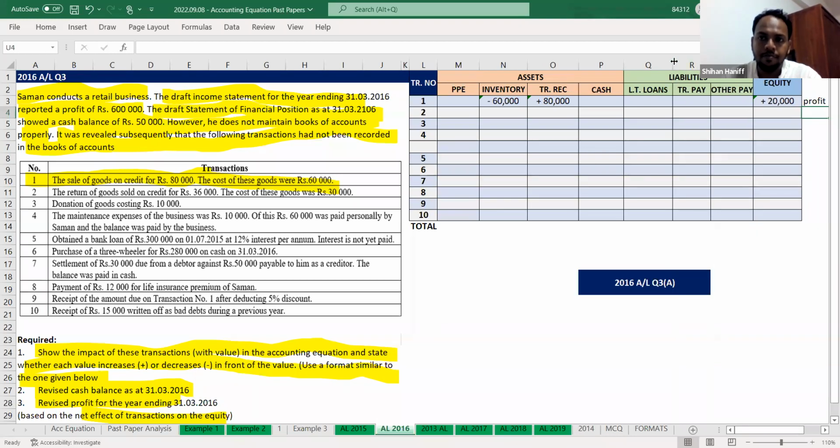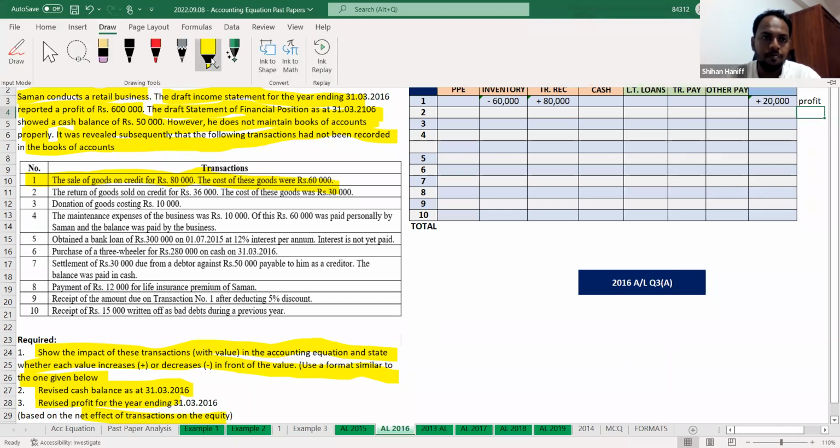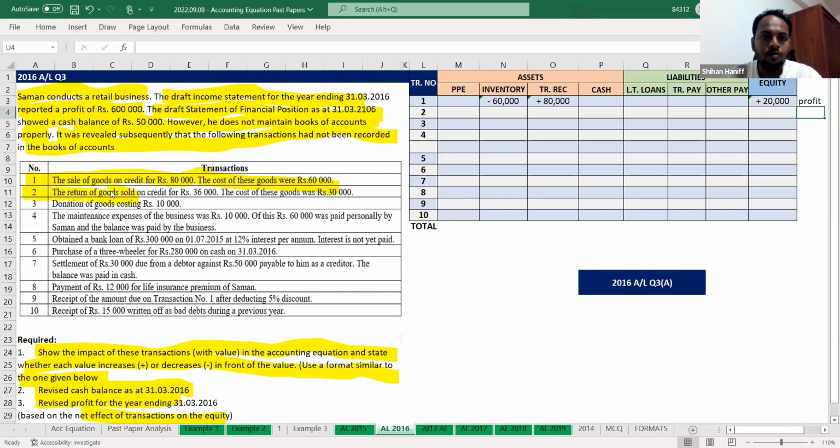Okay. Next. The return of goods sold on credit for 36,000. The cost of the goods sold was 30,000. So it's a sales return.